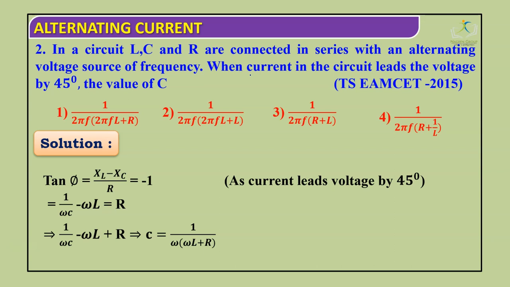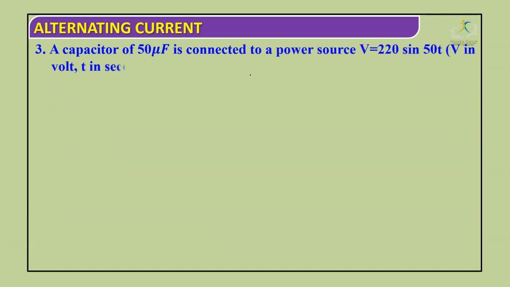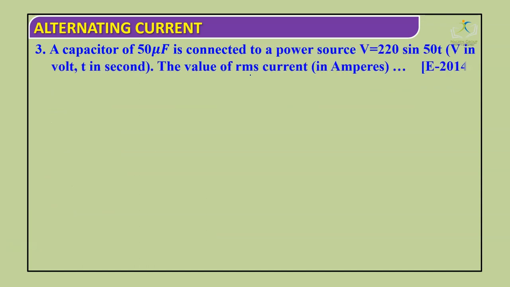So omega is equal to 2 pi f. If we put the value of omega equal to 2 pi f, the correct option becomes option number 1.